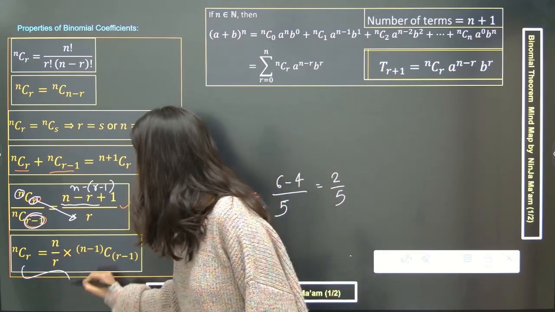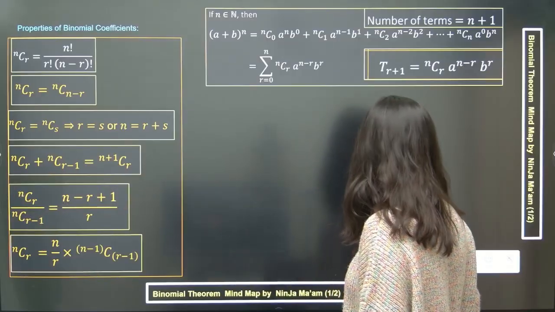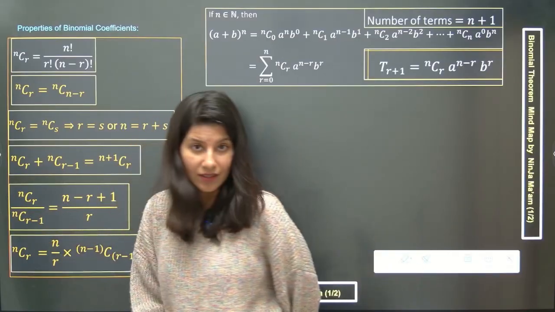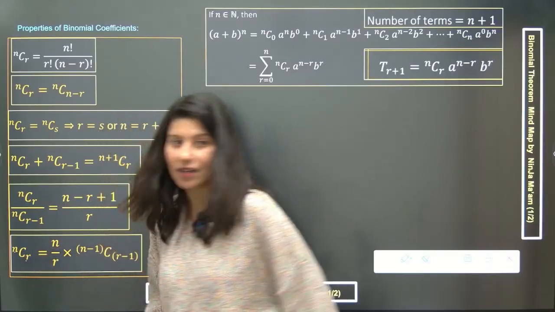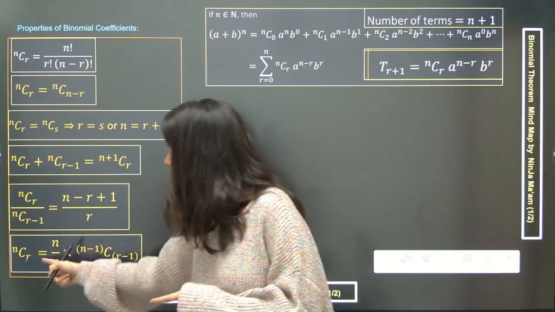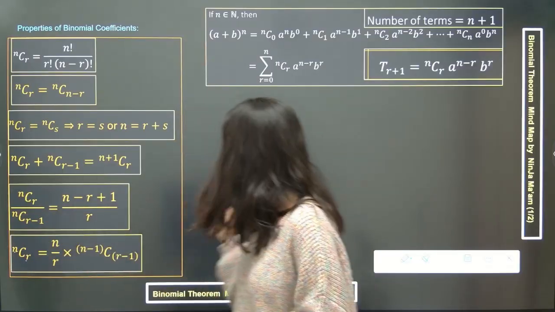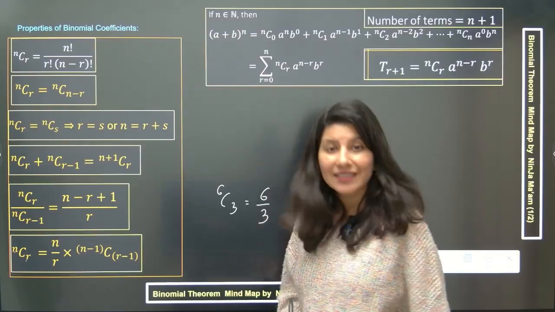And this is the most underrated property, which is nCr equals n by r. Can you see, this is n, this is r. So n will come in front in the numerator, r will come in front in the denominator. Suppose 6C3, this is going to become 6 by 3.